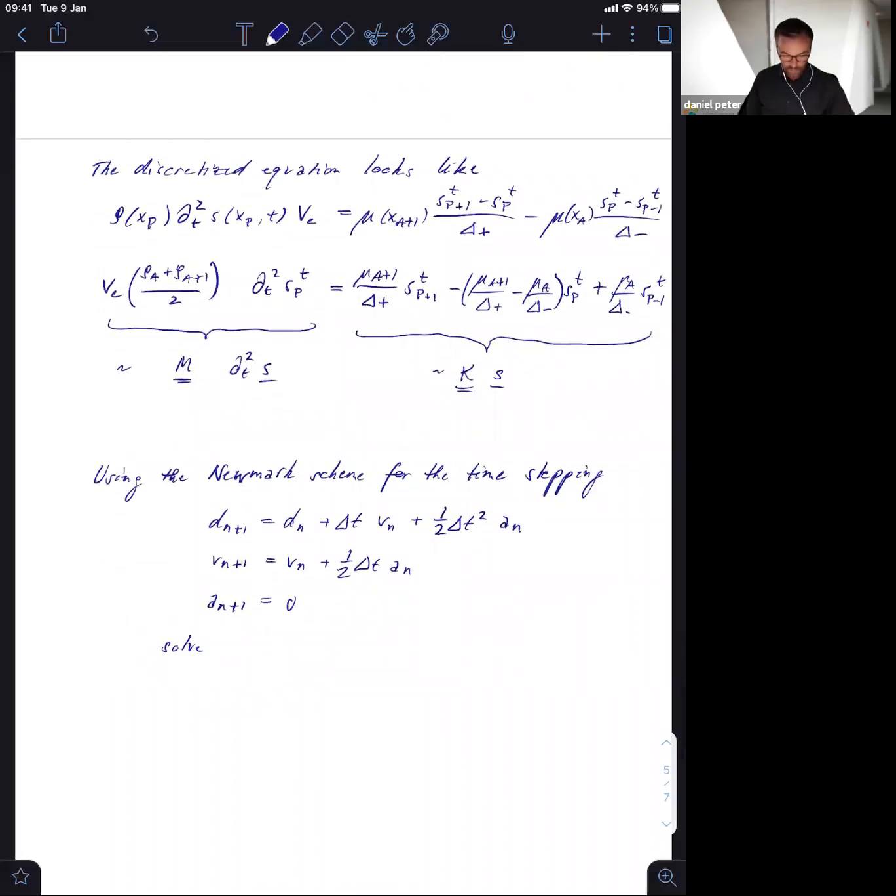Then we have the solver step. We can just write the acceleration is now the inverted mass matrix times the right-hand side vector f, which we can just write in terms of the stiffness matrix applied to d_{n+1}.